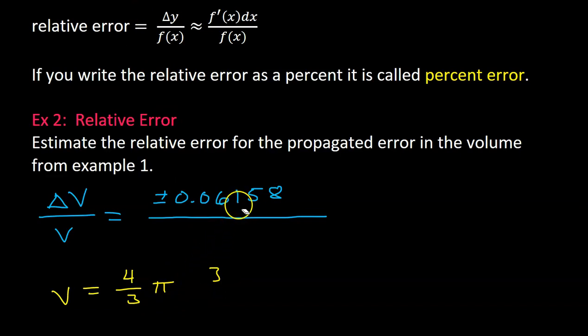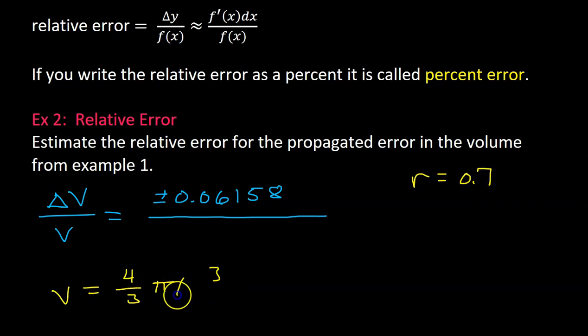But remember that in example 1, we were told that the radius was 0.7 inches. So we can go ahead and put in our 0.7. I'm just going to put this in the calculator.